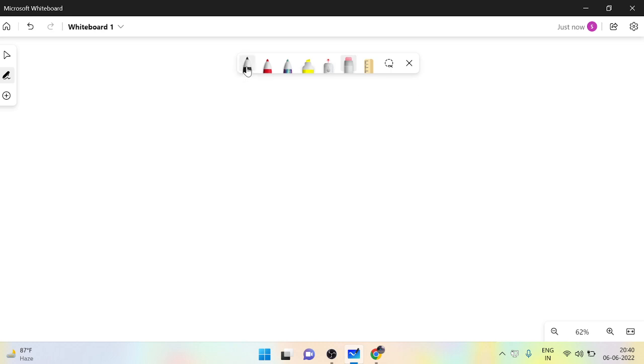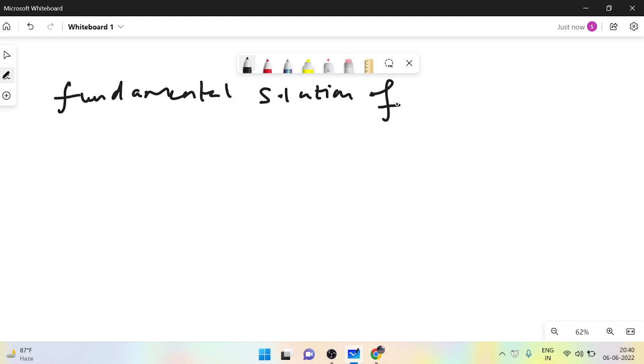So far the discussion on PDEs is abstract. Now let us go further to the fundamental solution of the Laplacian operator, or the Laplace equation.